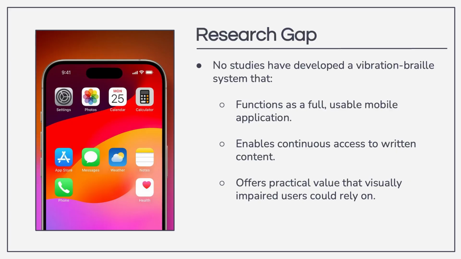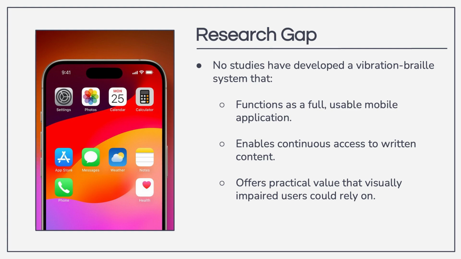And so, visually impaired users would ideally want an app that is fully comprehensive and functional, to allow these users to glean whatever information is necessary and that they can rely on consistently on a day-to-day basis.